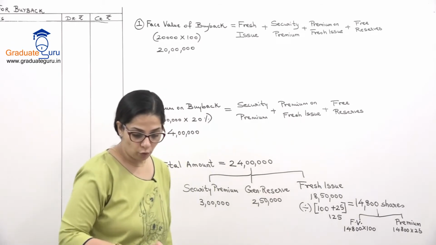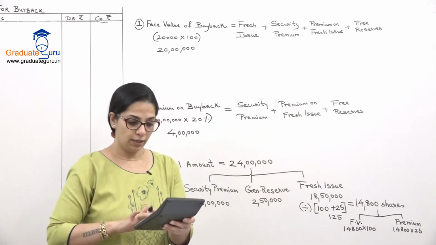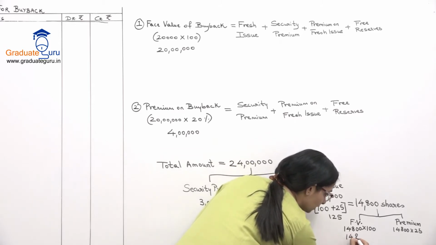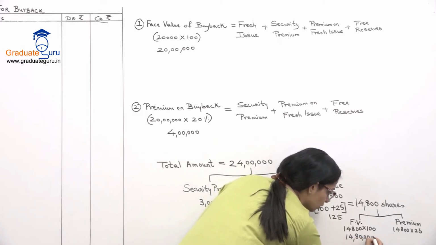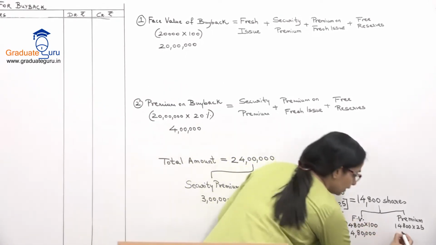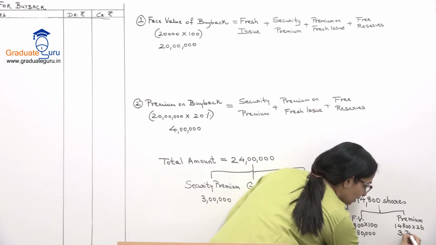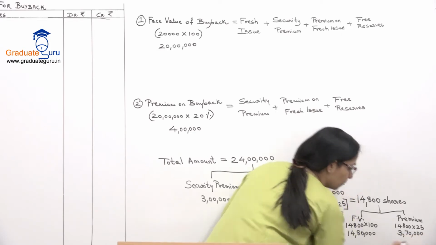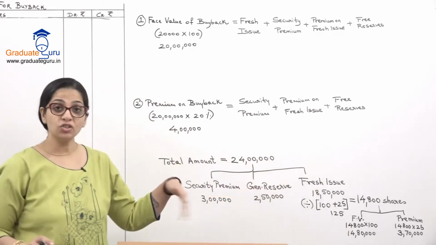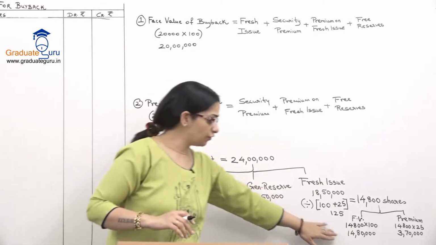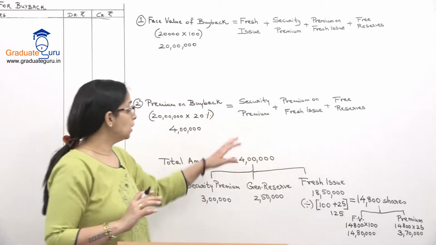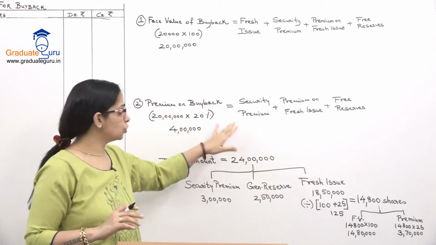So 14,800 into 100 is 14,80,000, and into 25 is 3,70,000. So now we have extra premium and this face value which I can use for my buyback.